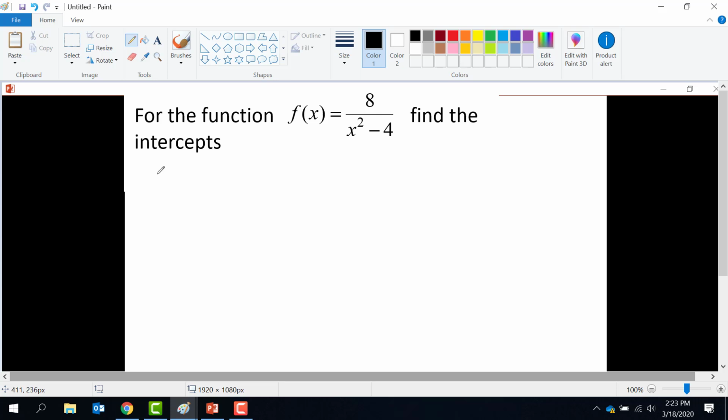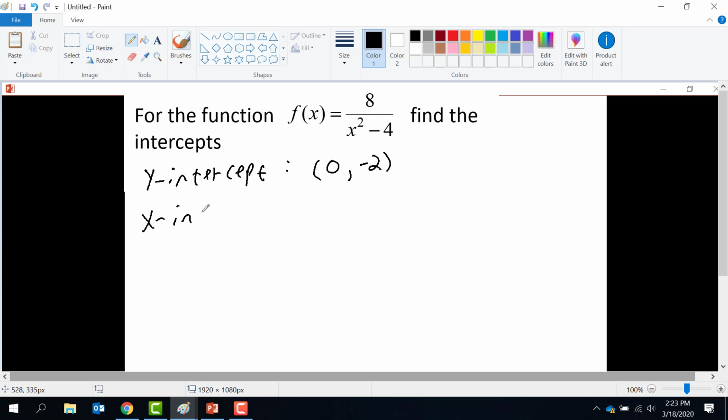You simply substitute in 0 for x. And you can see that when you substitute in 0 for x in this formula, you end up with 8 over negative 4, which gives you a y value of negative 2. So your y-intercept is (0, -2).